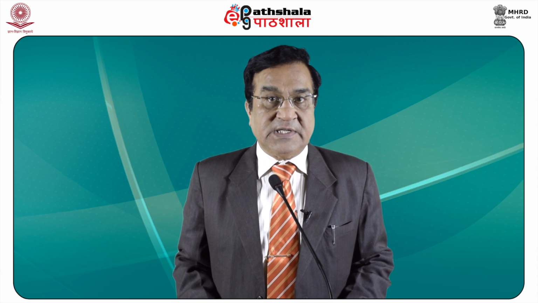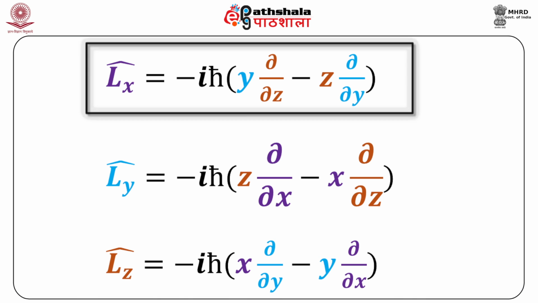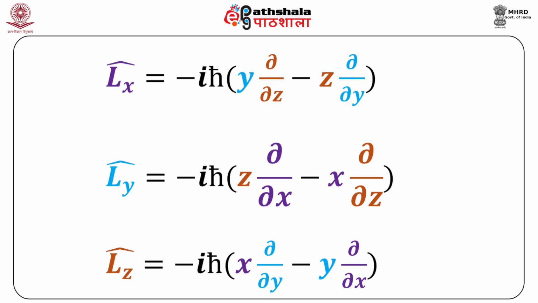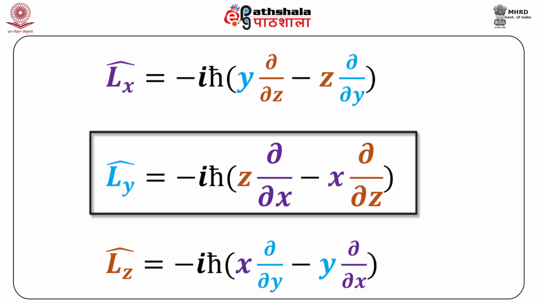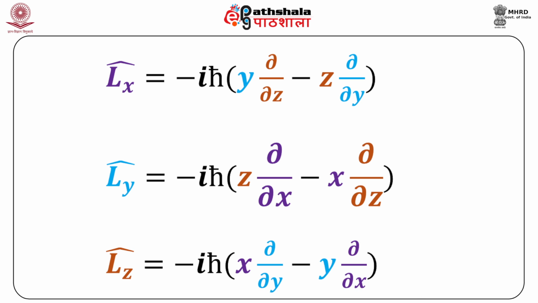We have already seen their expressions. If we substitute those values, we get Lx cap equals minus i h cross, y del by del z minus z del by del y. And similarly, we have expressions for Ly cap and Lz cap. So these are the quantum mechanical operators for the three components of angular momentum, Lx, Ly and Lz.